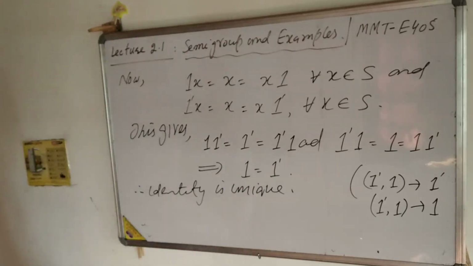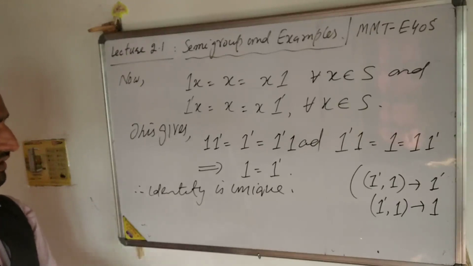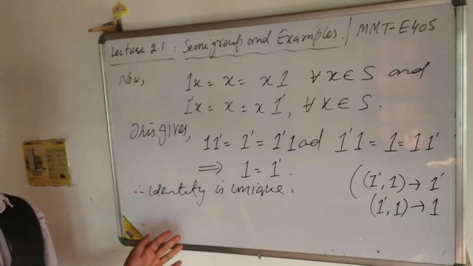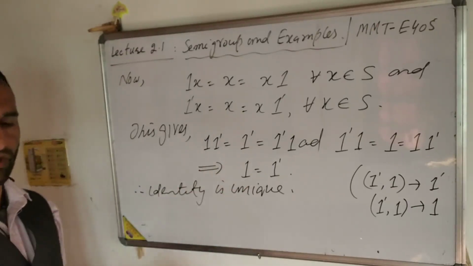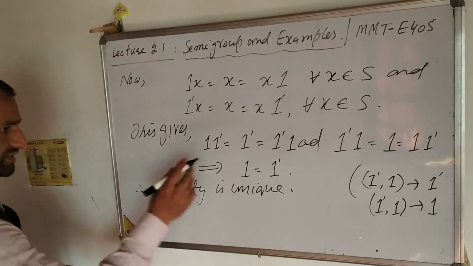Now suppose the given semigroup does not have an identity, but we can adjoin an identity to this semigroup by introducing an extra element which we denote by 1. So that's the end of the proof.